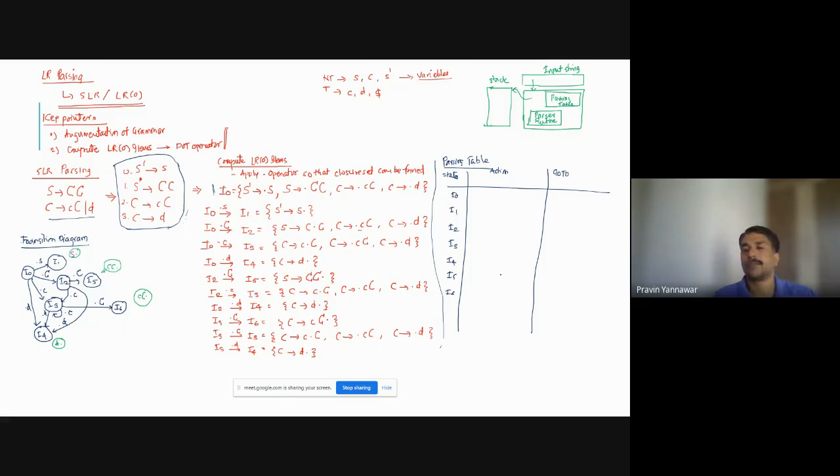Then action is performed with terminal symbols, and goto is performed when you are dealing with non-terminals or variables. So all terminal related entries we will mark into action, and all non-terminal related entries we will mark into goto.